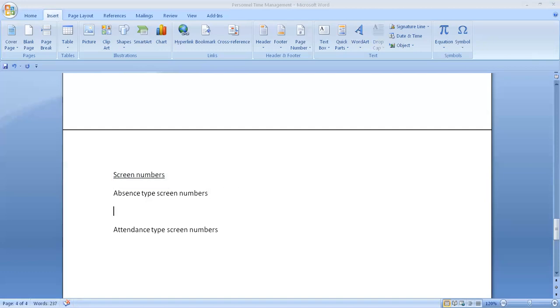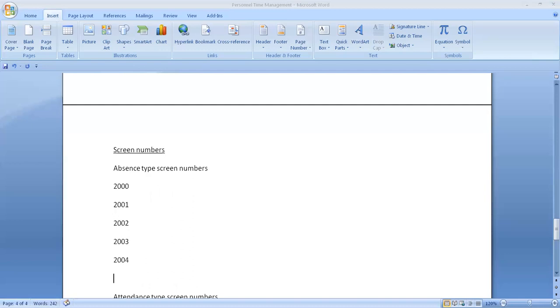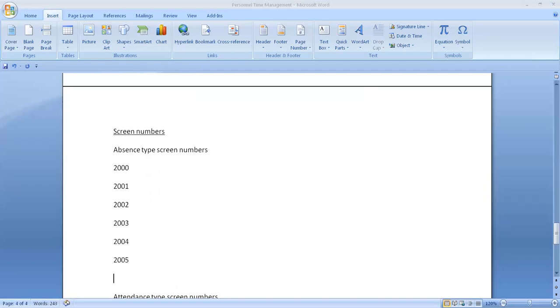For example, I will use 2000 or 2001, 2002, 2003, 2004, 2005, 2008.